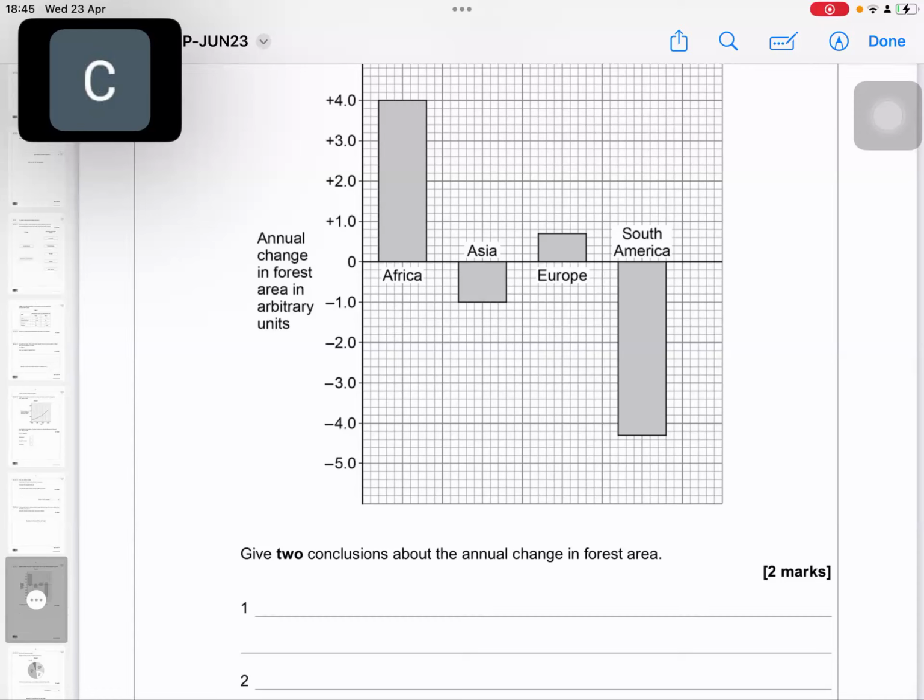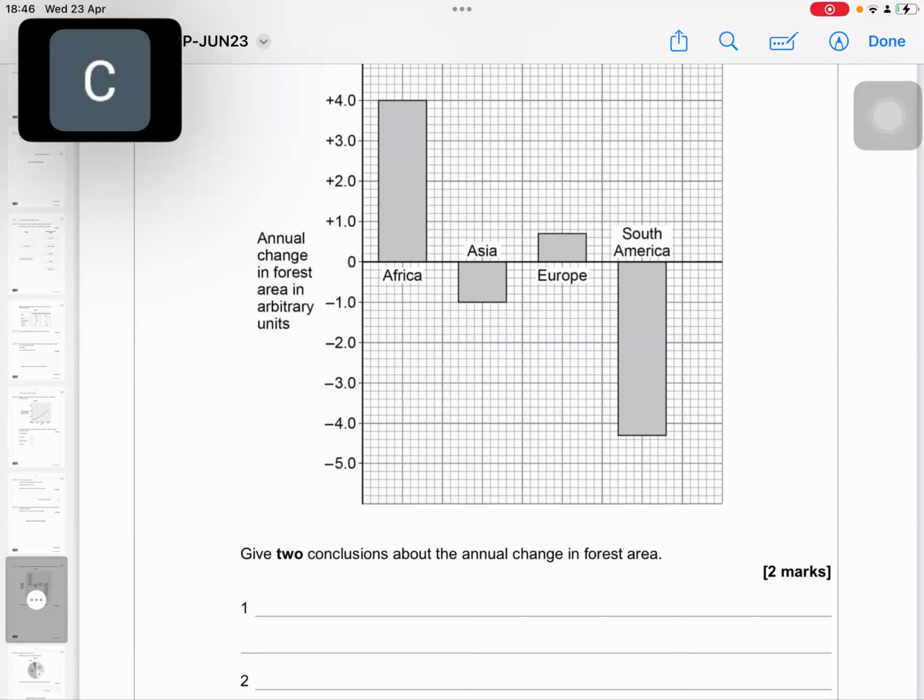Whereas for Europe and Africa, we can conclude that there was an increase in vegetation, or tree planting activities, by either people or by animals, animals just propagating seeds, carrying seeds from one point to another.